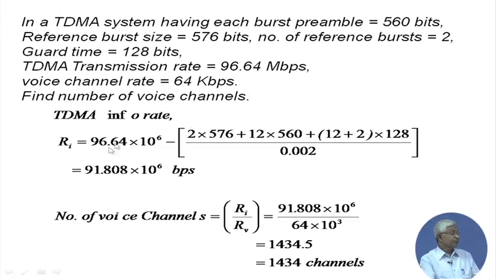That is the TDMA information rate. Transmission rate is given. Find out the information rate based on the expression. It comes out to be 91.8 megabits per second. So, that divided by the voice channel rate, 64 kilobits, you get 1434.5 channels. So, the lower number is to be given, 1434 has to be taken as the number of channels that can be supported.